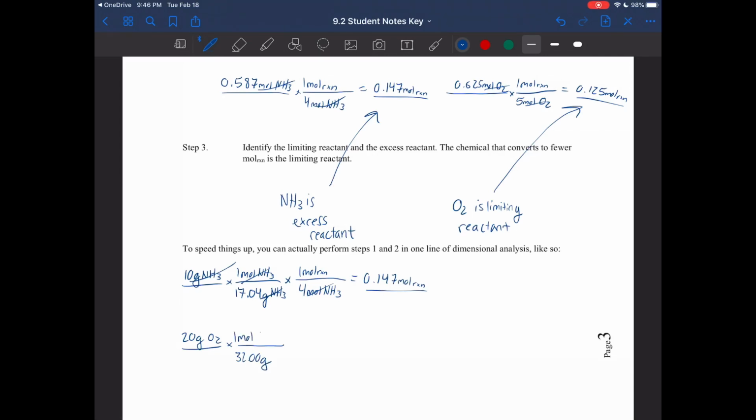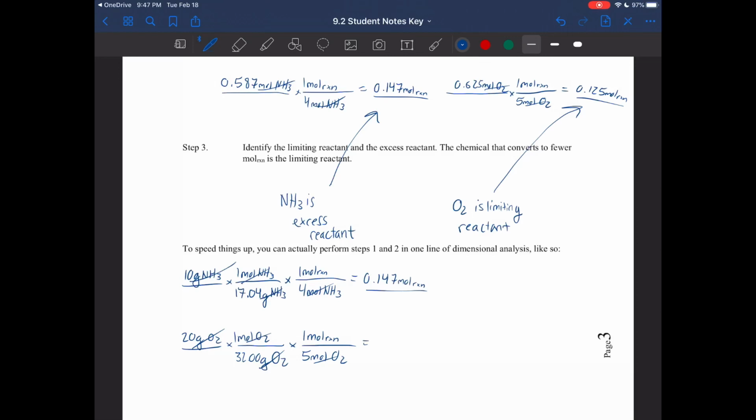We want to convert to moles of O2 before we can do anything. So grams of O2 cancels out. Then we want to convert to moles of reactions. So for every 1 reaction that happens, according to the coefficient, 5 moles of O2 are used up. So moles of O2 cancel.